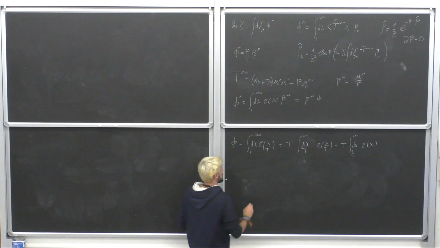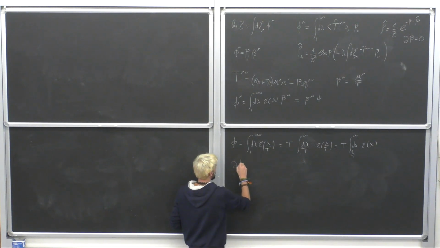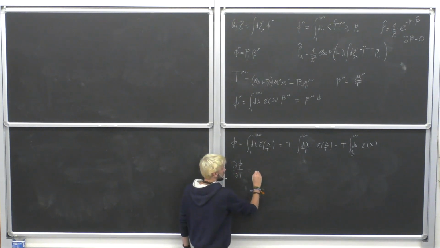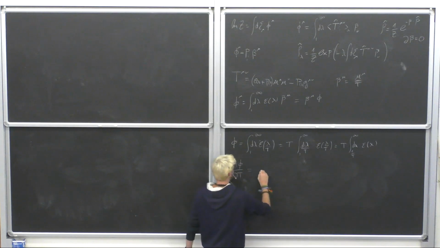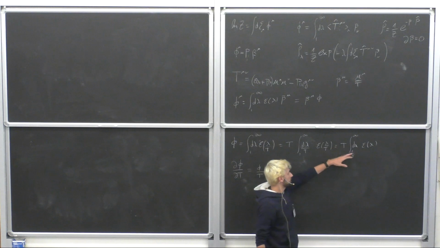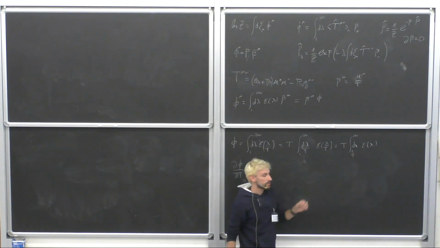And now let's see what happens if we compute the derivative of phi over temperature. The first part is easy, it's just the integral, which means it is phi over T. And the second part is just the fundamental theorem of calculus.